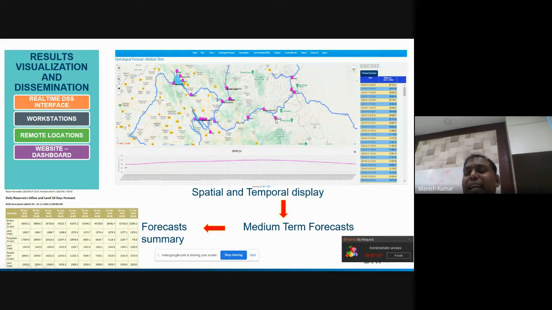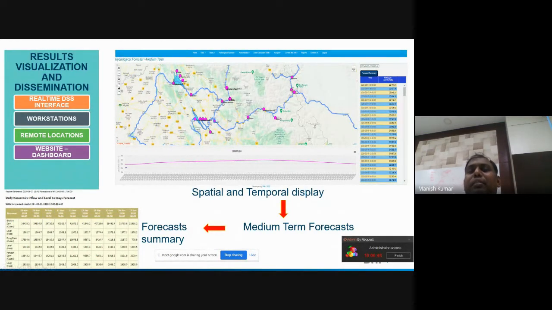So there is enough lead time. And we also have flows from the downstream area, which gives us good lead time on how much flow is going to come to this and this reservoir. This is all in the India region.